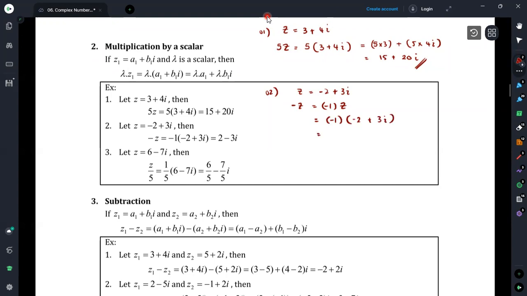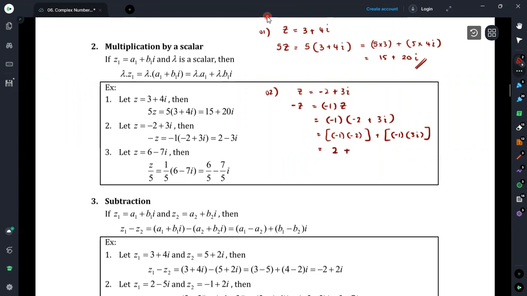Now we do the multiplication: the real part is multiplied with the scalar, minus 1 into minus 2, then added to the multiplication of the imaginary part, minus 1 multiplied with 3i. Here minus 1 times minus 2 is plus 2.